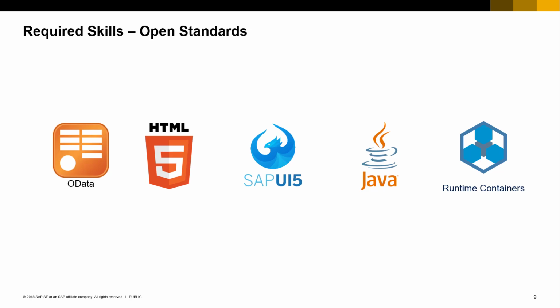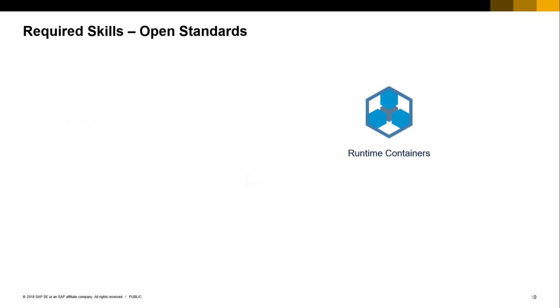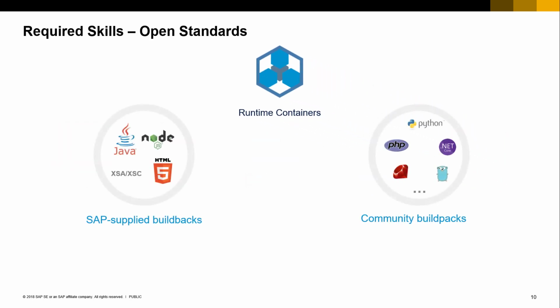With SAP Cloud Platform, you are not limited to a small, rigid set of application runtimes. Through the use of Cloud Foundry-based runtime containers, application developers can choose from a wide array of programming environments. SAP currently supplies pre-built runtime environments for Java, Node.js, HTML5, and the HANA Extended Application Server.